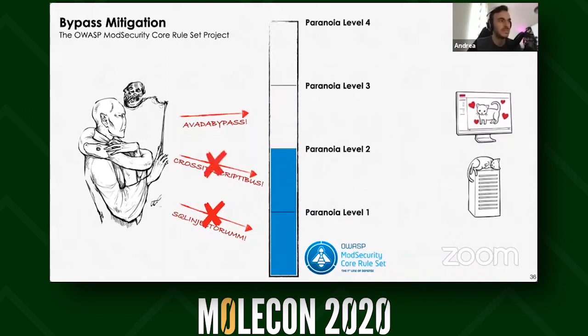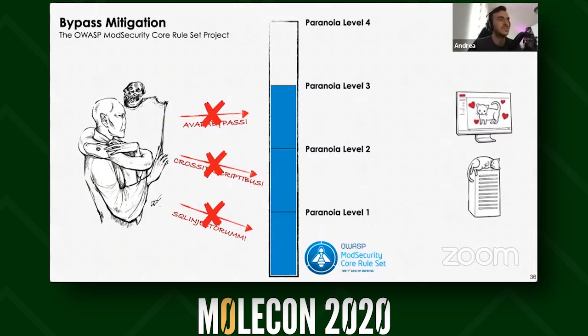The default level is paranoia level 1, and paranoia level 1 is designed to have near 0 false positives. And the highest level of paranoia is paranoia level 4. So you can start with the first level, and you can even check other levels' rules without blocking any request, to see if and how many false positives you have in higher paranoia levels.